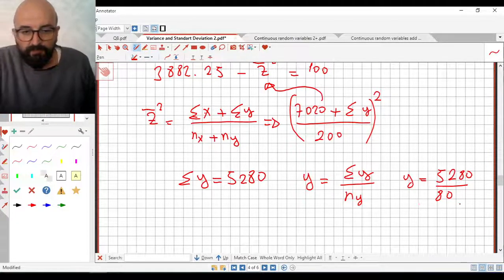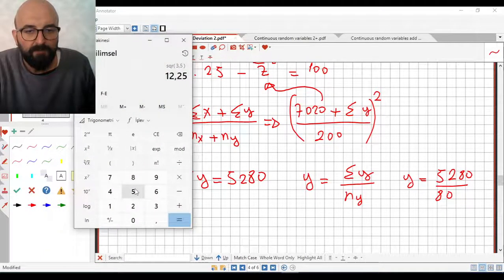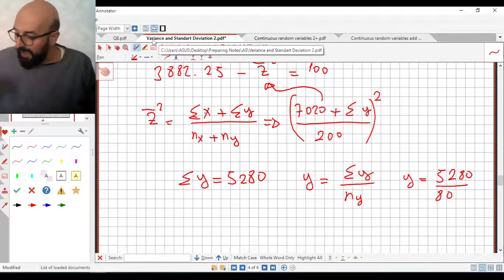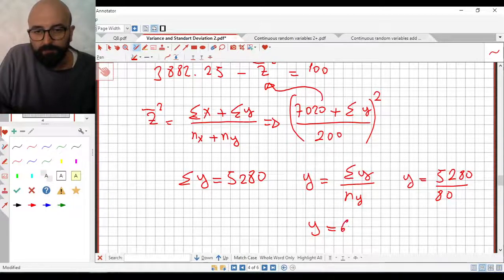I want to compute the marks of girls, so 5280 over 80 is 66, and 66 is the mean mark of the girls.